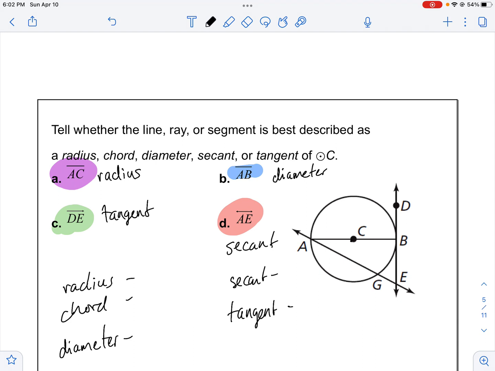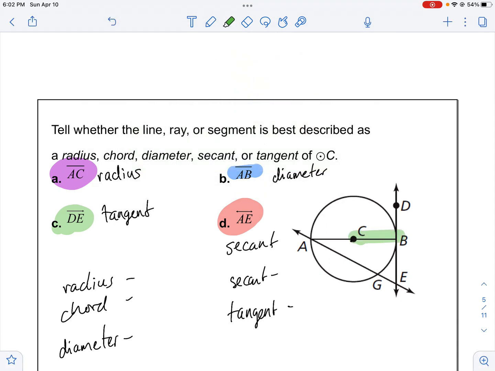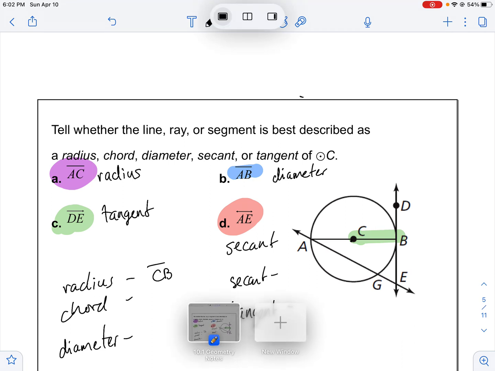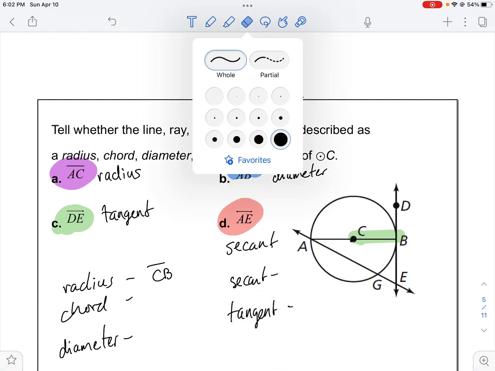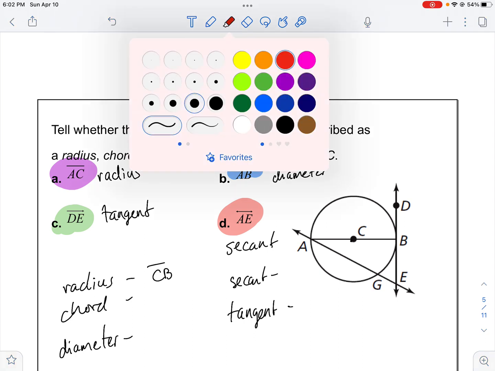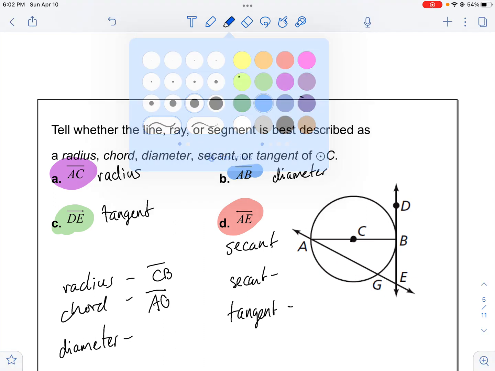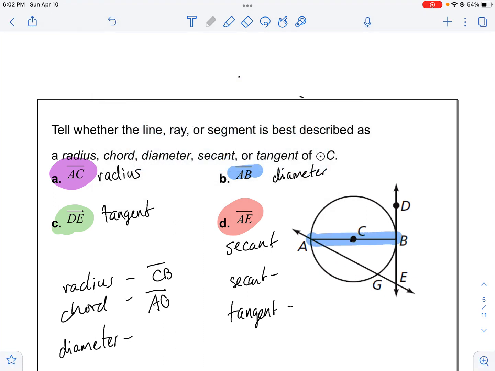Okay, so radius just goes from the center to the edge. So how about CB? A chord goes from one edge to the other. So how about AG? A diameter is just a chord that goes through the middle. So how about BA?